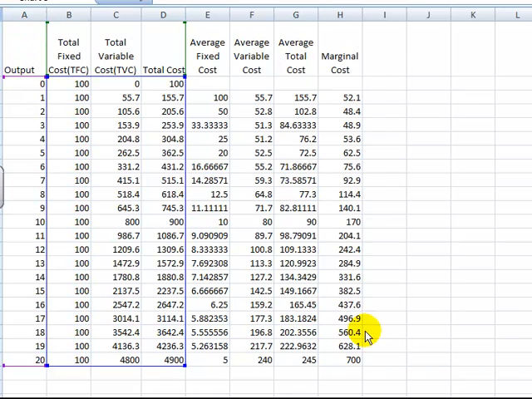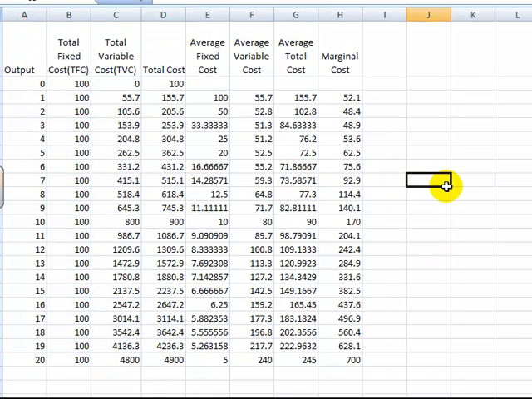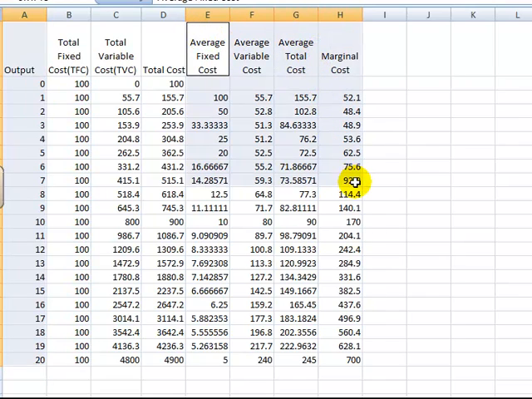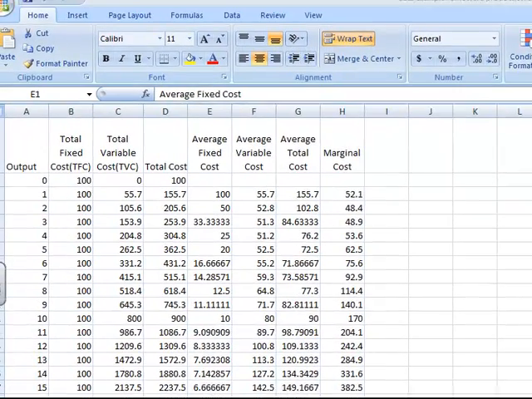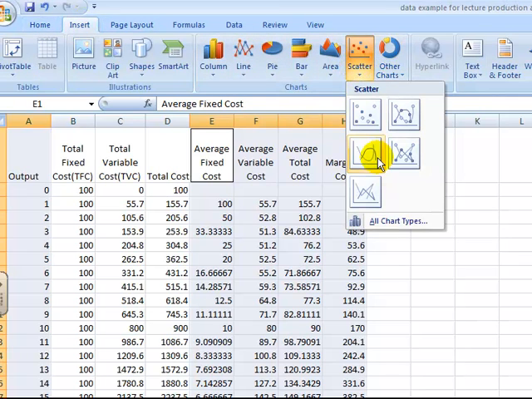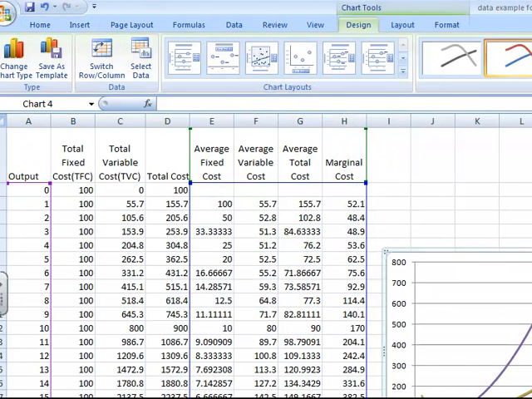Okay, next let's find out the graphs for average fixed cost, average variable cost, and average total cost. Again, let's select the output first, and then press down the control, select all of them, insert, scatters, here.